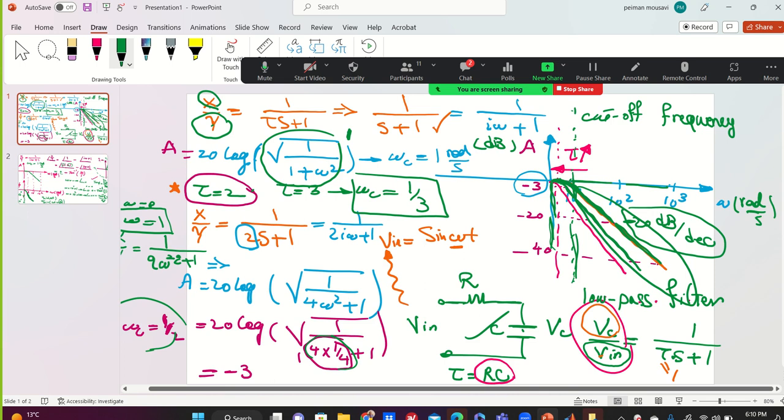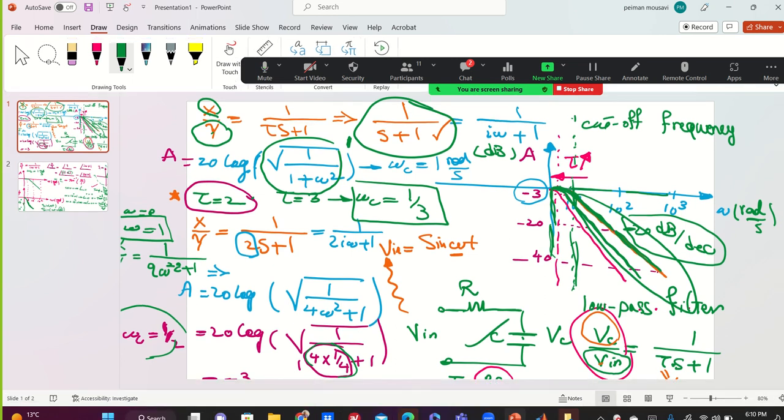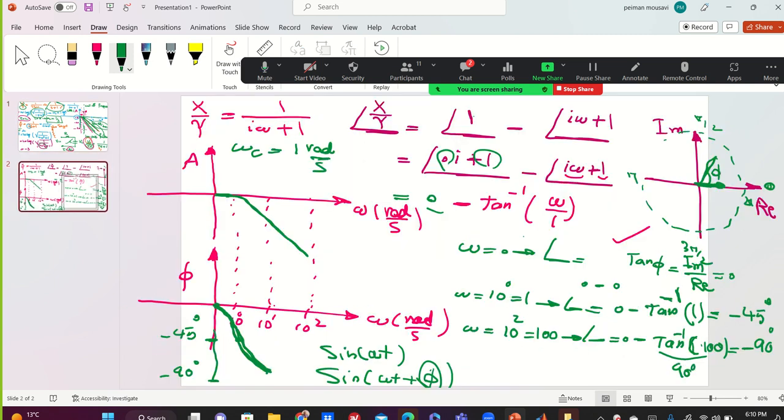They are giving you what? This transfer function, the closed loop transfer function. Understand everyone? So after having this, let me go back to notes, and I'm gonna share the files with you.